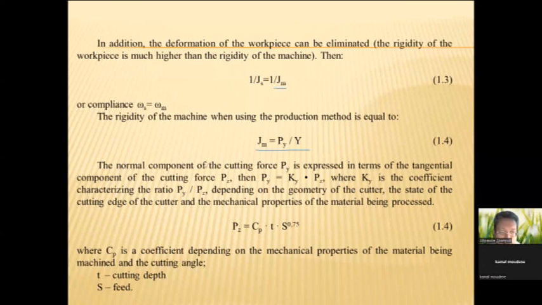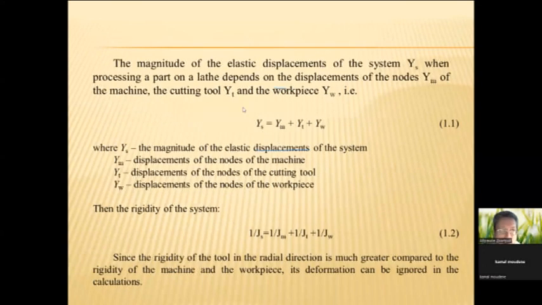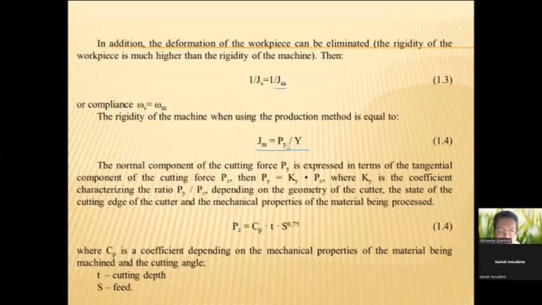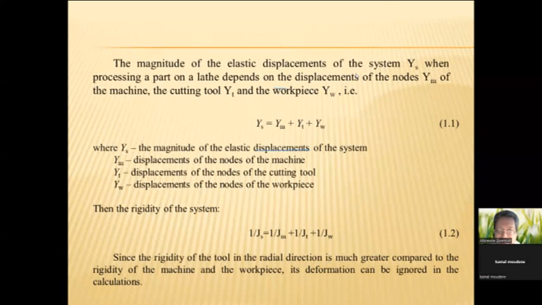The normal component, let's see in previous slide what is Y. Y, it's displacement of the system.